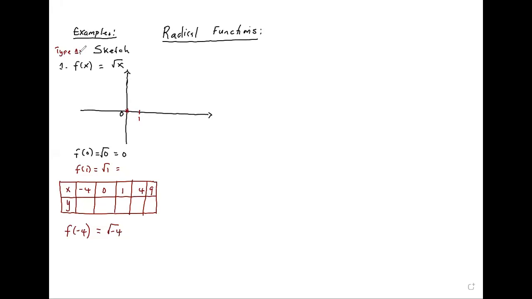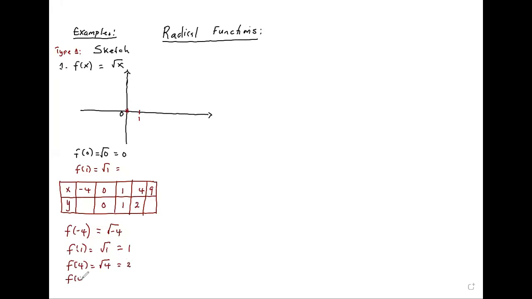This means that we can only get starting from 0 going this side. So f of 0 is 0. So here at least we have a 0. F of 1 is root 1, which is 1. So we have 1 here. Then f of 4 is root of 4, which is 2. So we have a 2 here.